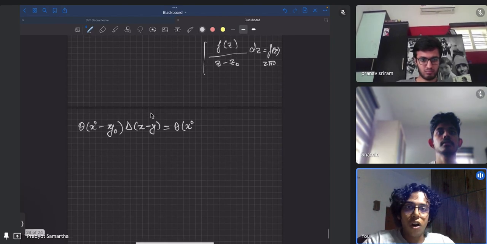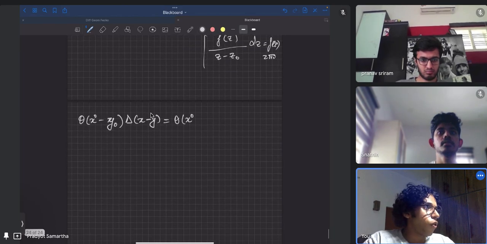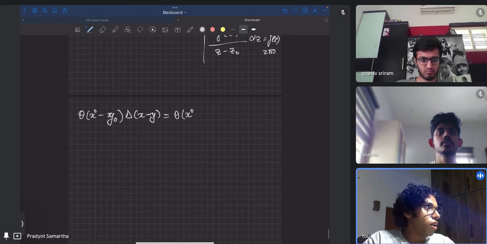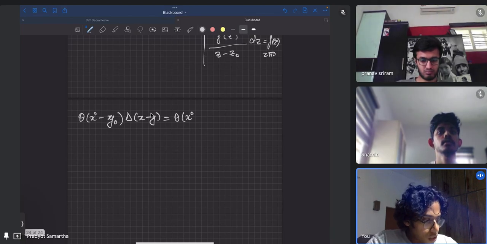So for the case where you have z is equal to plus or minus omega p, plus or minus i epsilon naught, you have this evaluation.